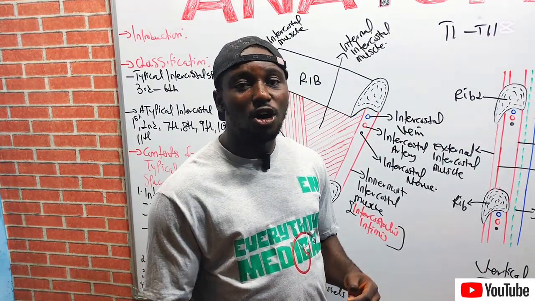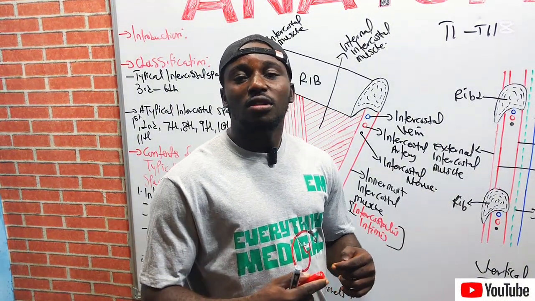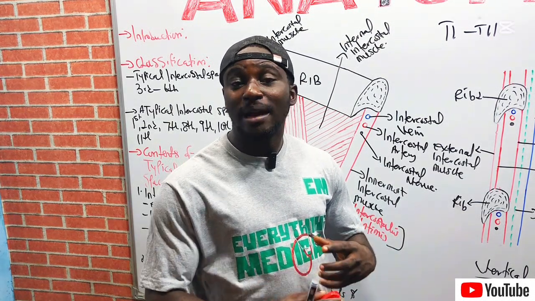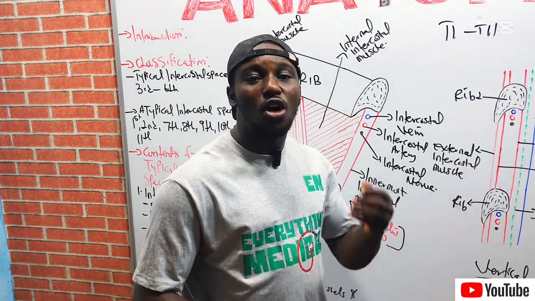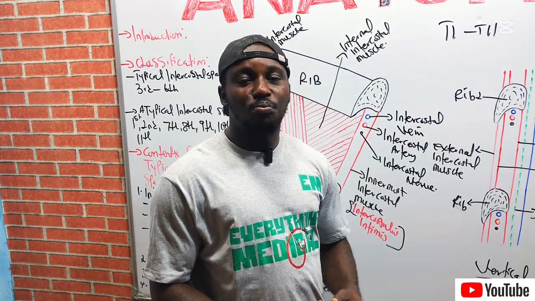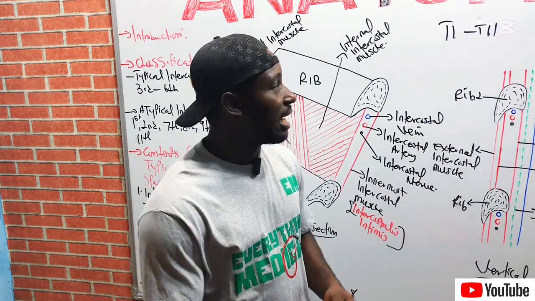Hence, they are called intercostal nerves. But the anterior primary ramus of the 12th thoracic spinal nerve courses or runs into the what? Abdominal wall, below the 12th rib. Hence, it is called the subcostal nerve.